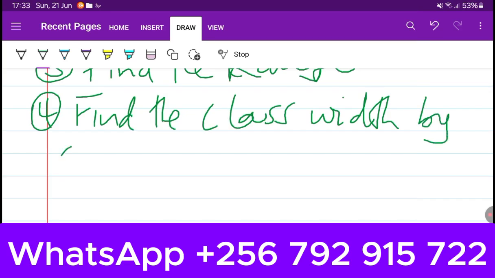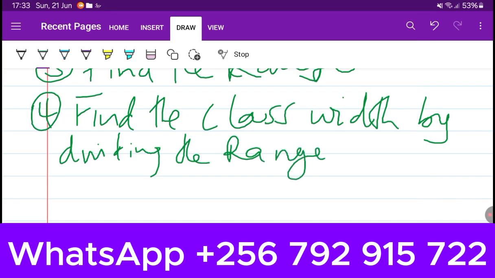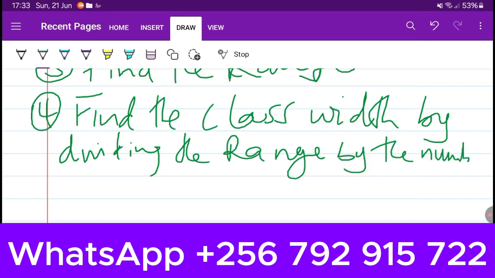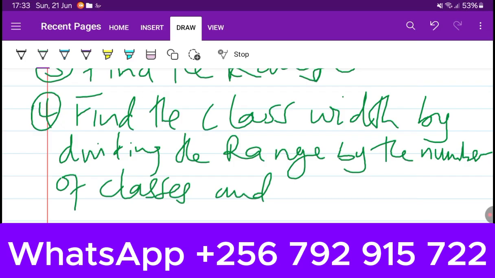By dividing the range we computed in step 3 by the number of classes, and then we round up the value.